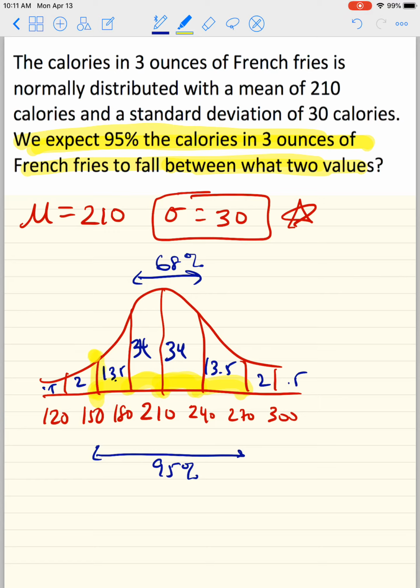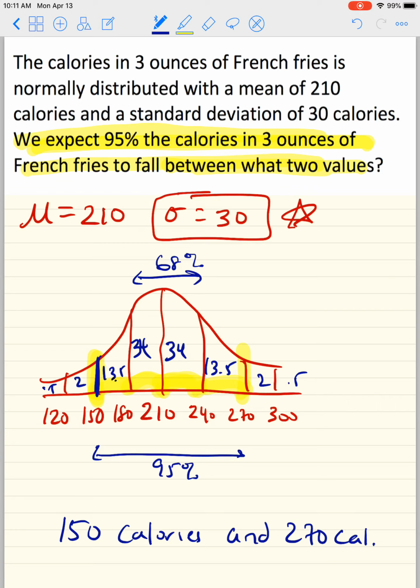So we expect it to fall between 150 calories and 270 calories. So we expect 95% of 3 ounces of French fries to contain between 150 calories to 270 calories.